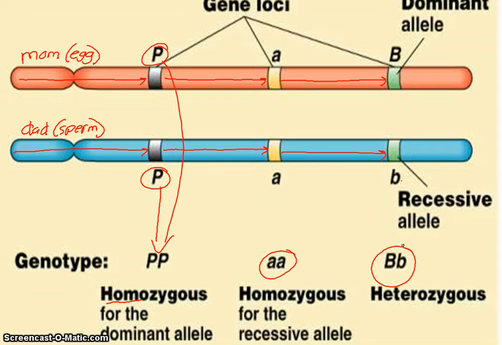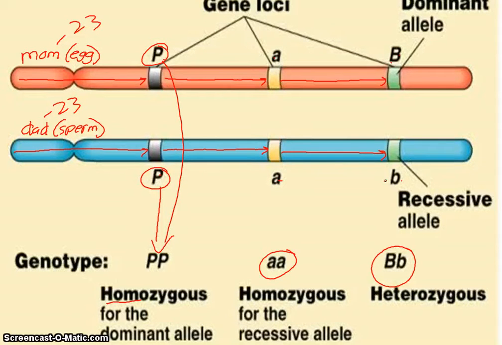So mom actually gives you 23 chromosomes. Dad gives you a matching 23 chromosomes. They're matching because they contain the same genes, the P gene, A gene, B gene, but they don't have to have the same exact alleles on them. Okay, that's how you can be homozygous, heterozygous, and all that sort of thing.